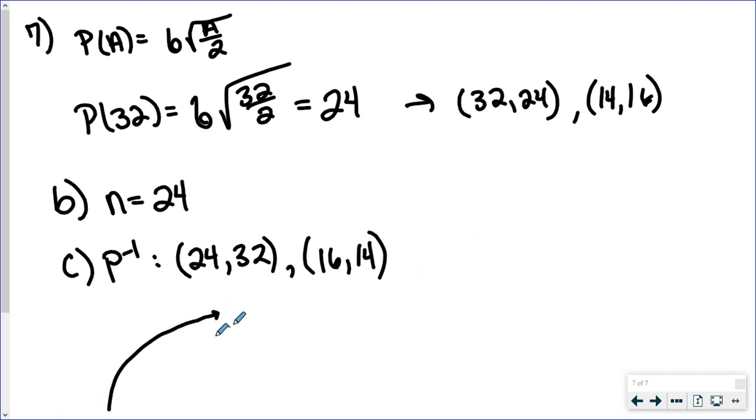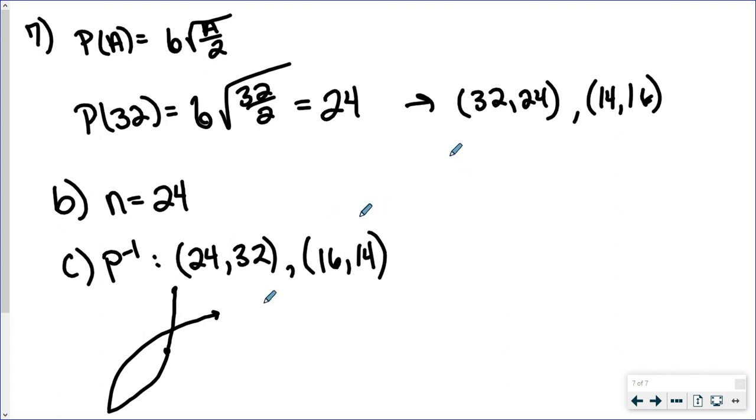Although, of course, there's no arrow because it cuts off. All right, so the inverse will look something like this. All right, of course, with this being (24, 32). All right. And this being (16, 14).